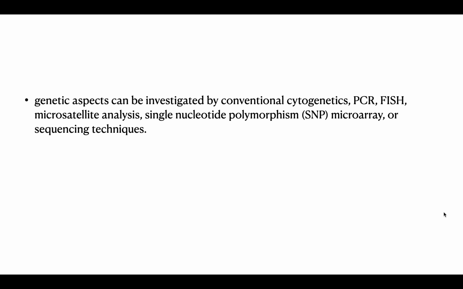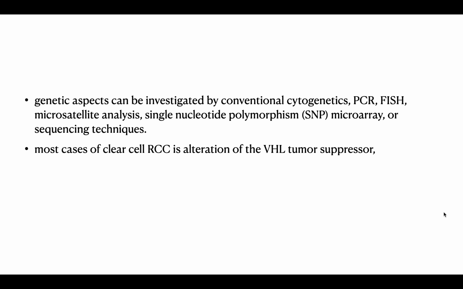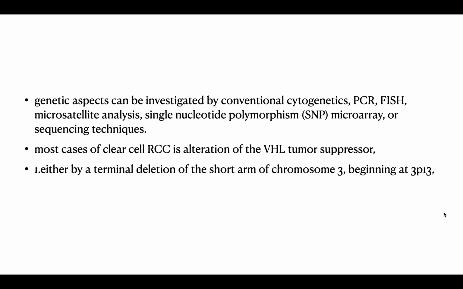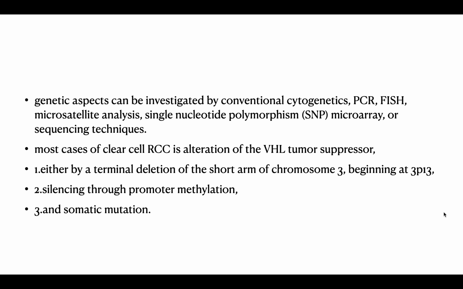Genetic aspects can be investigated by conventional cytogenetics, PCR, FISH, microsatellite analysis, single nucleotide polymorphism, microarray or sequencing techniques. Most cases of clear cell RCC have alteration of the VHL tumor suppressor, either by terminal deletion of the short arm of chromosome 3 beginning at 3p13 or silencing through promoter hypermethylation and somatic mutation.